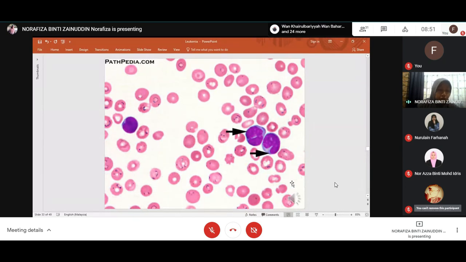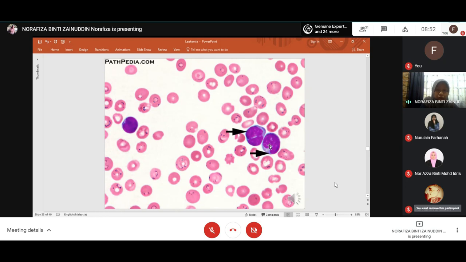This is a typical morphology again. You can see irregular nuclei, and the nuclei have clefts and deep grooves.